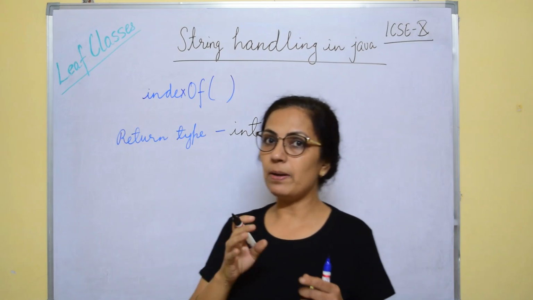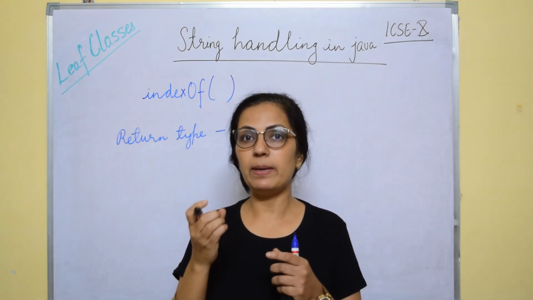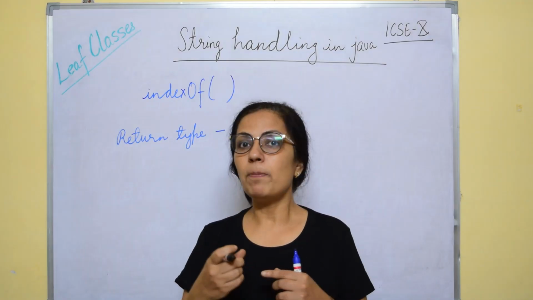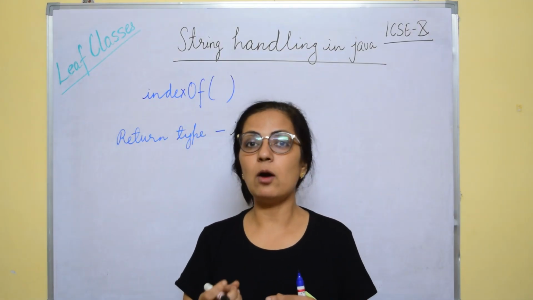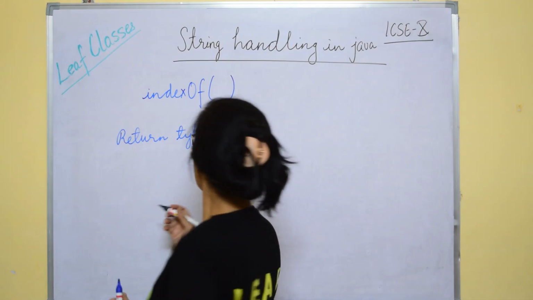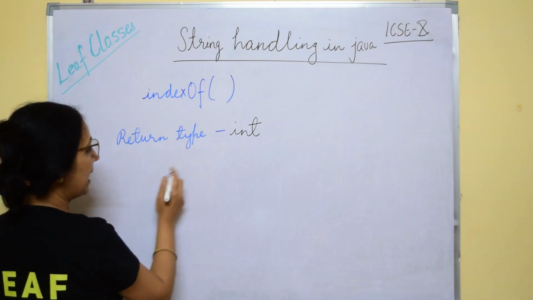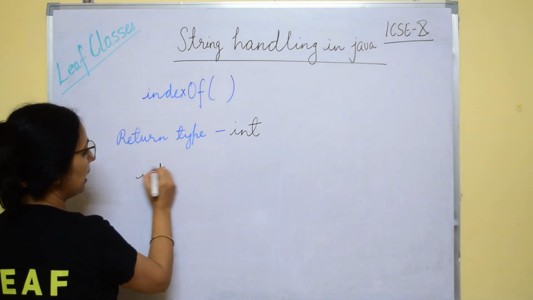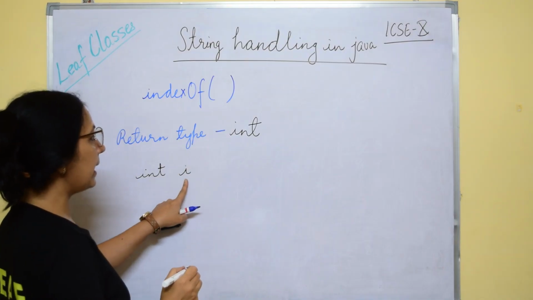So you should be very clear about the return type of any given function. By the outcome of the function you can make out what the return type of that particular function will be. So let's see one example of this. The return type is int, so we have to take one integer variable to store the index number.